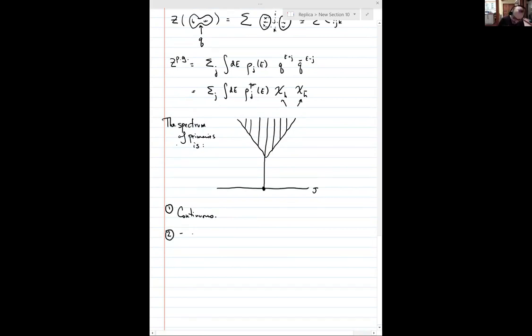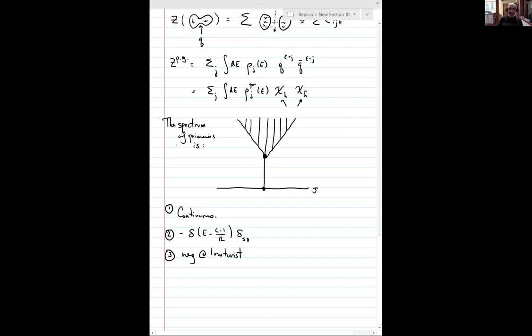The next problem is that there is a negative number of states at an energy equal to c over 12. So in fact, you have a negative delta function appearing right here. And the third is that not only is the density of states continuous and negative with a delta function, but it also has an additional negativity at low twist.